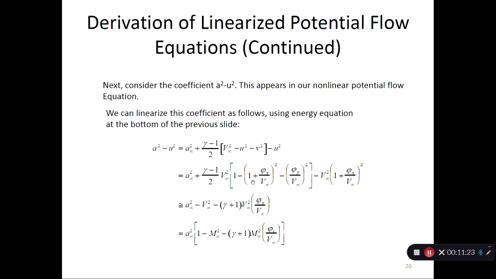I have divided through by V infinity, but kept it out here. That's all I have done. I already had a V infinity here, so I put it in here. v is Vy over V infinity squared. And then u is, again, V infinity squared, this stuff here. Okay. Now we see immediately that this is a second power of a small number.